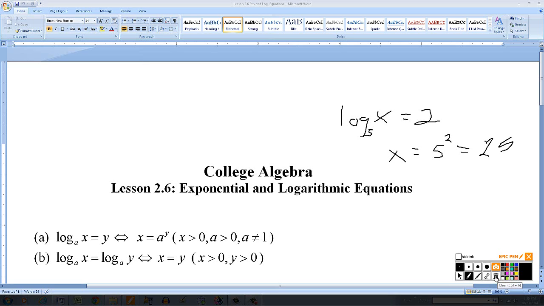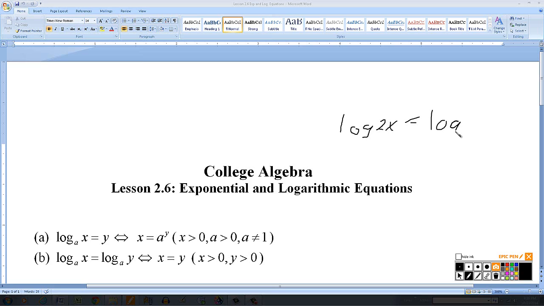Now I can have an equation with two logs and easily solve it if it's in this particular form. So if I have, say, the log of 2x equal to the log of x plus 1.